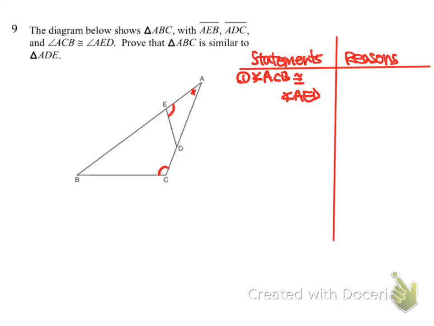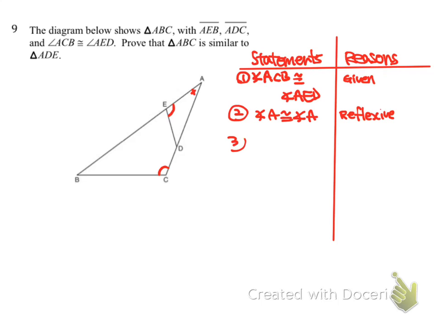Alright, then that's the given. And how about number 2? That's right. Angle A is congruent to angle A. Why? Reflexive. And in fact, that was the common thing between two triangles.